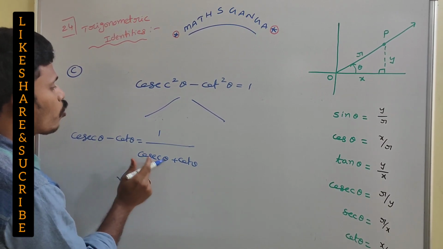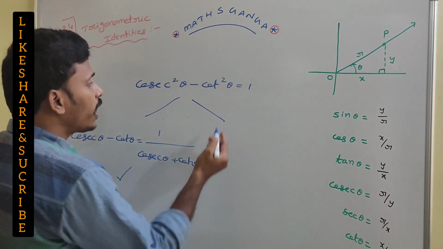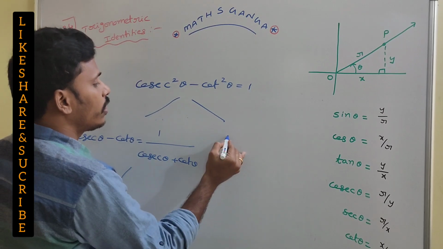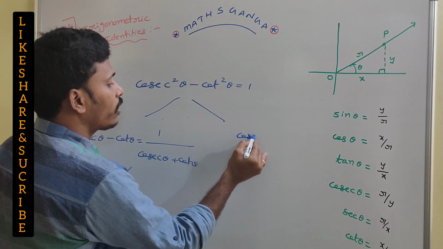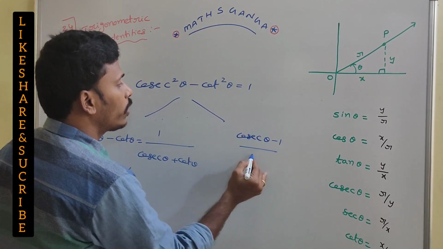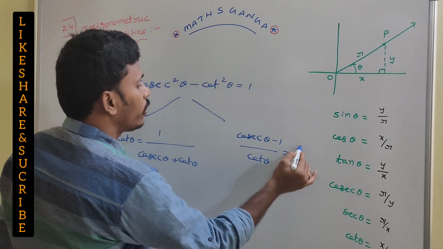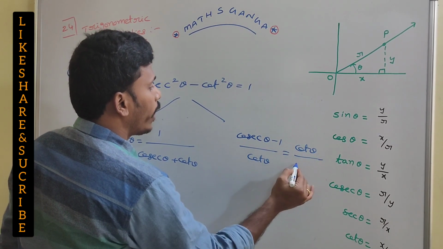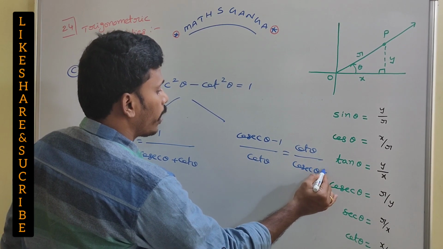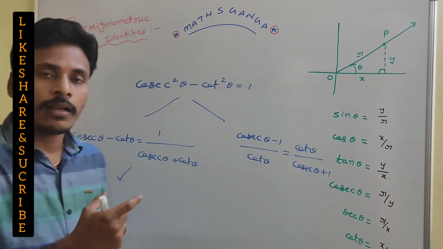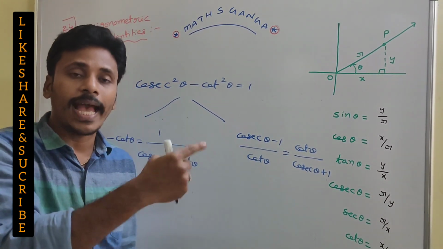In that sense, these two are reciprocal to one another. And in the other case, if you send 1 to this side and cot theta to that side, we can rewrite it like this: cosecant theta minus 1 divided by cot theta is equal to cot theta divided by cosecant theta plus 1. Just a rearrangement, as we discussed before.